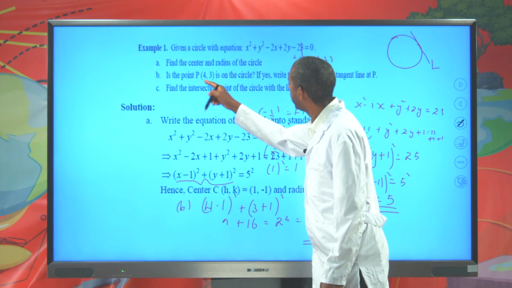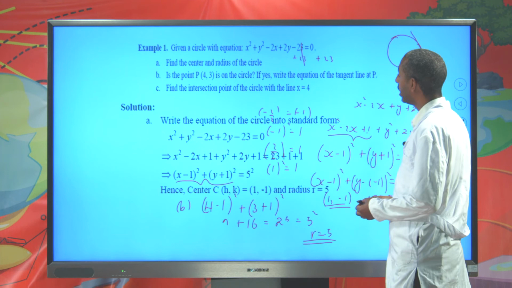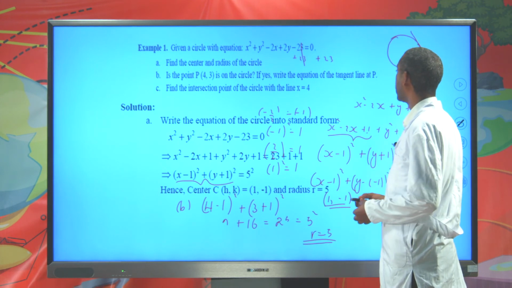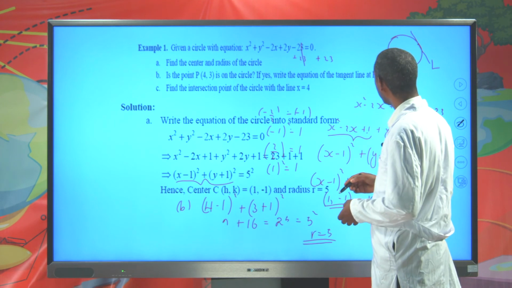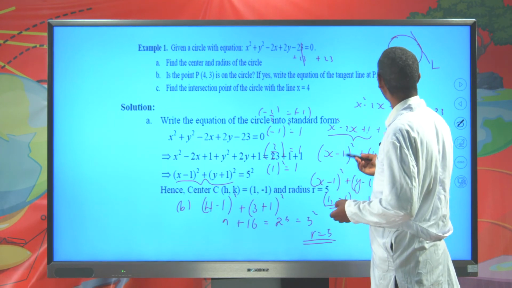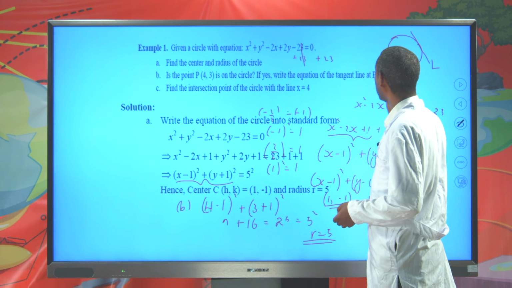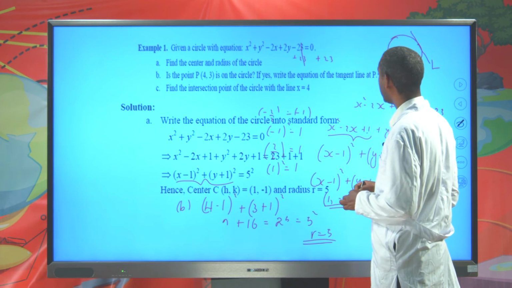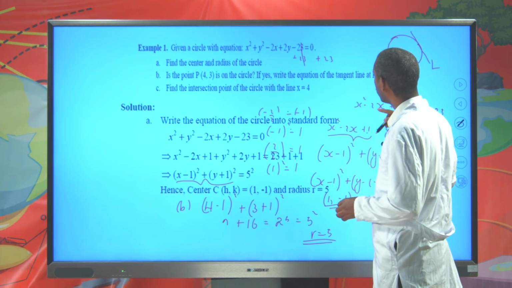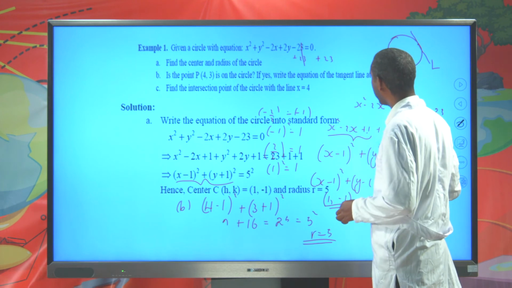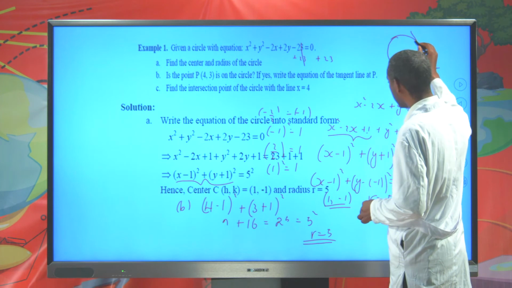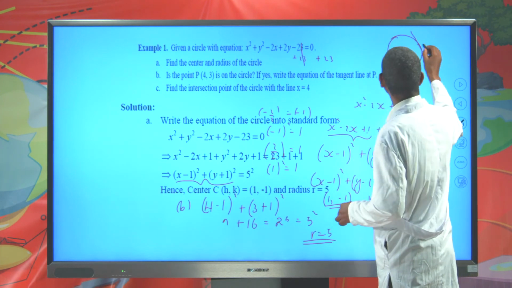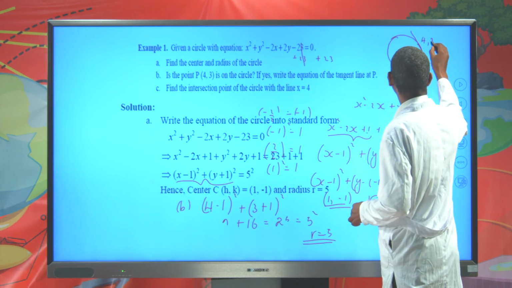It says, is the point (4, 3) on the circle? If yes, write the equation of the tangent line. We checked that the point is on the circle, so we can easily find the equation of the tangent line. To do that, we have the point, an arbitrary point (4, 3). This is not the exact location of the point.